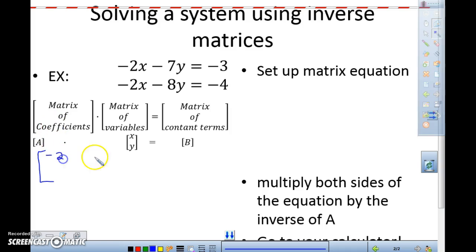Just the coefficients. We're going to let that be matrix A. That row represents the first equation. The second row represents the second equation. The first column represents the coefficient of x. The second column represents the coefficient of y.